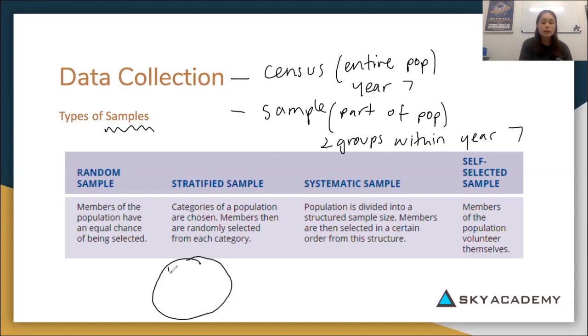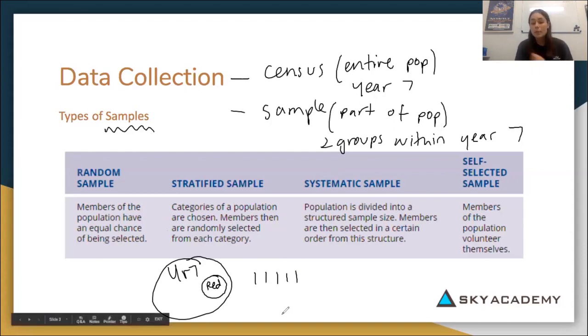Then you choose just a category out of Year 7, which is the people who like the colour red. And maybe there's 5 people who like the colour red, and you choose one person at random. So categories of a population are chosen, and then members of that category are randomly selected.